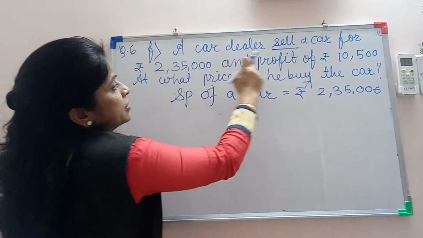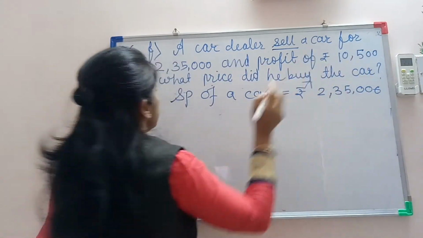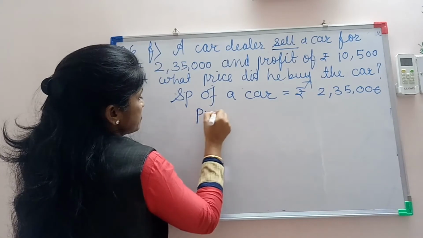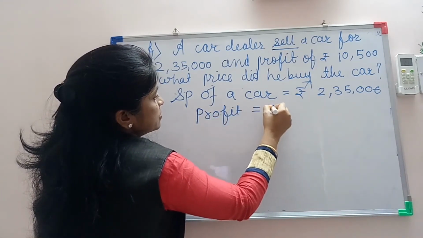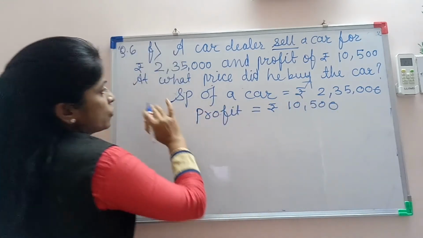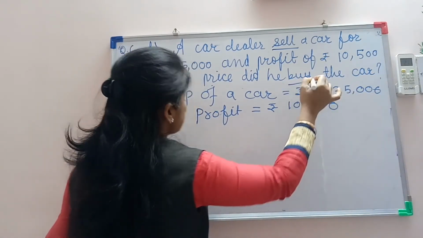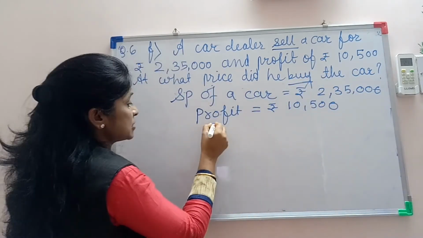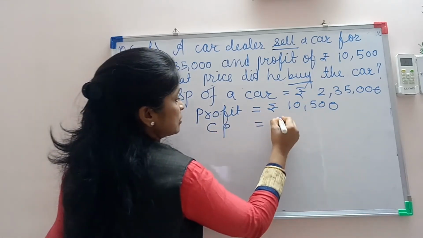After that profit of rupees 10,500, that means profit is given. Profit is rupees 10,500. Now at what price did he buy the car? Now buy means buying price, that is nothing but the cost price. You have to find out the cost price of the car.